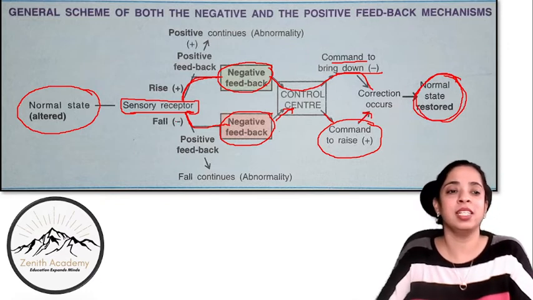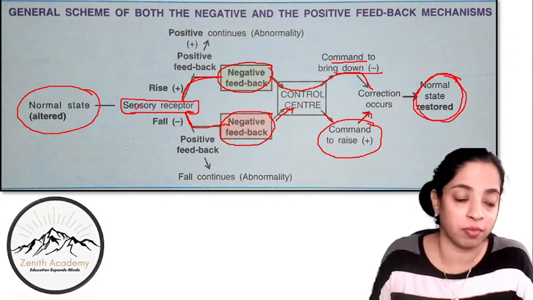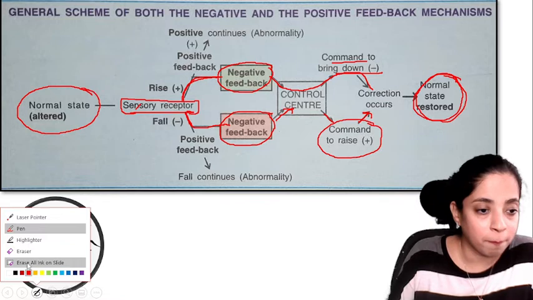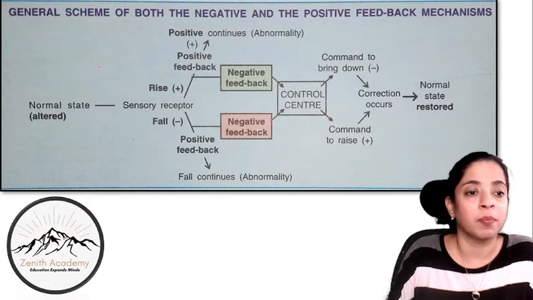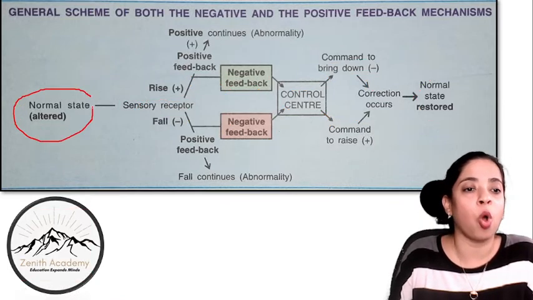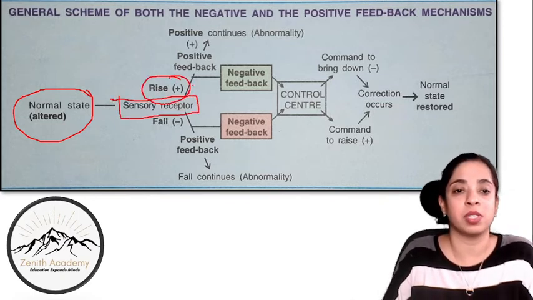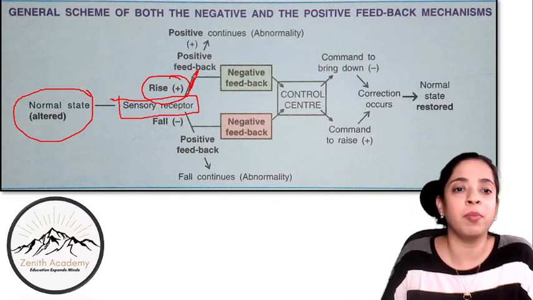Now in both scenarios, what happens when there is positive feedback? So now let me change the color. When the normal state is altered, the sensory receptor receives it, and if there is a rise of some substance, what does the positive feedback do?